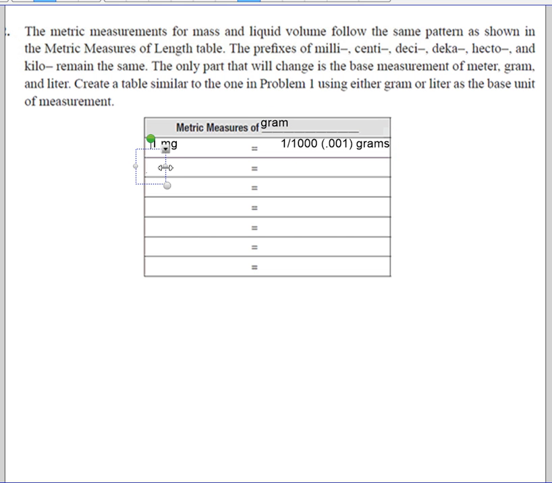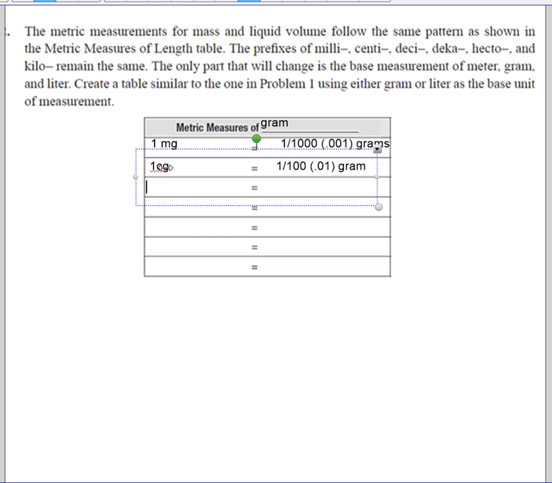And then we have our centigram, 1 cg. And so again, as a fraction, that's 1/100th, or as a decimal, or sorry, just 0.01 grams. And then we have our decigram.